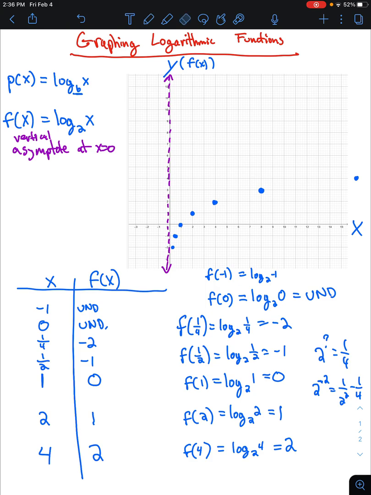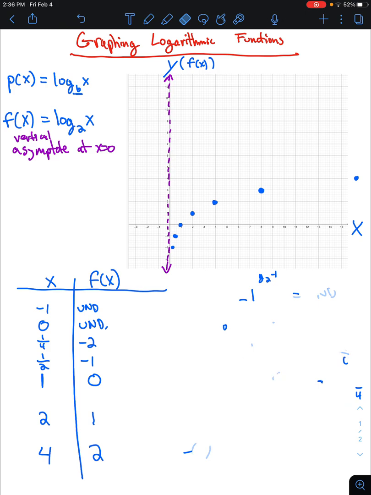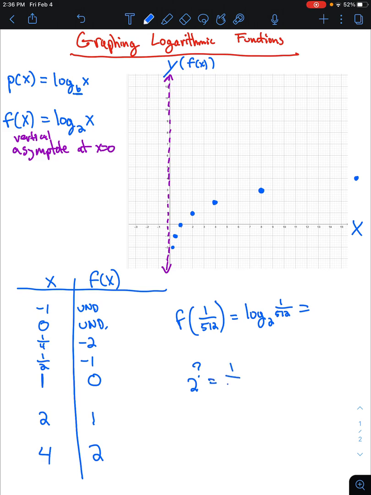Okay. For example, let's just do like 1 over here. If I erase this all. If I put in f of 1 over 512, that's equal to log base 2 of 1 over 512. Well, 2 to what power equals 1 over 512? 1 over 512 is 2 to the -9th.